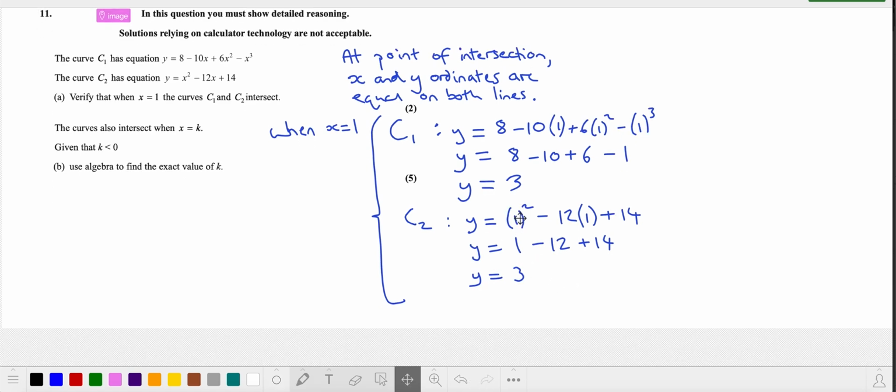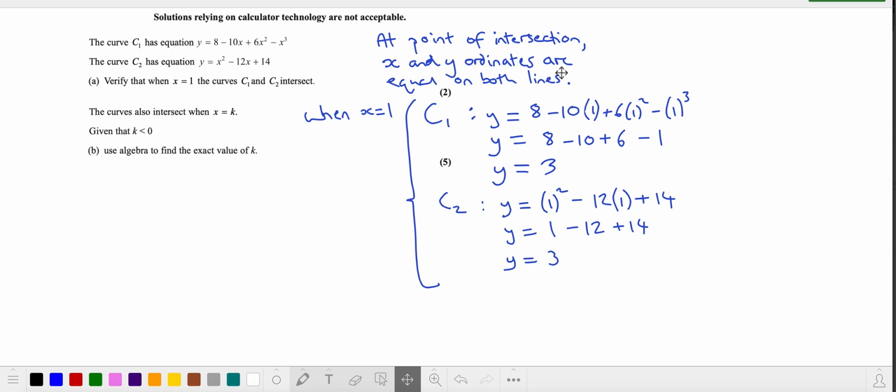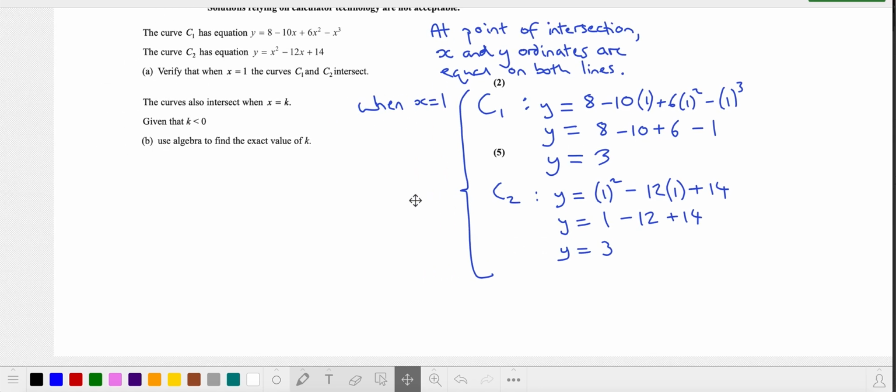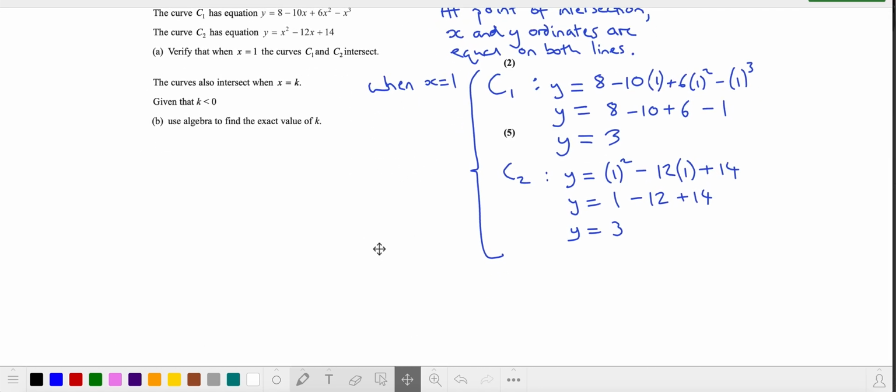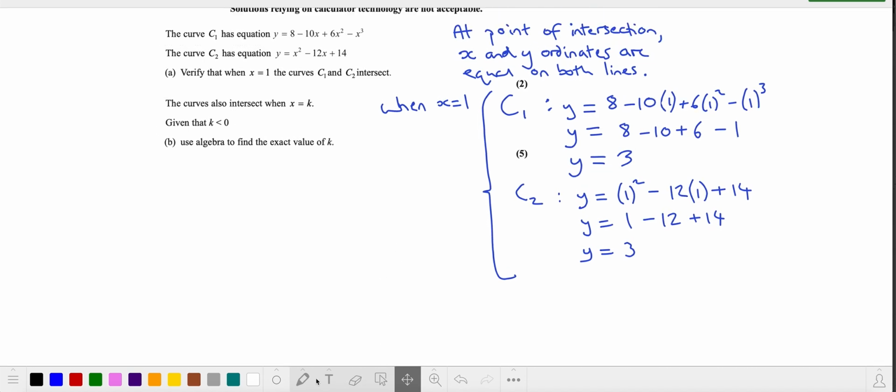So there we go. Don't need to write anything else. I did my writing at the beginning. At the point of intersection, x and y ordinates are equal on both lines. We can see when x is 1, both lines return a y ordinate of 3. Therefore, we've got a point of intersection. Done.